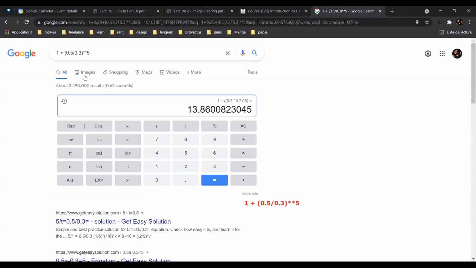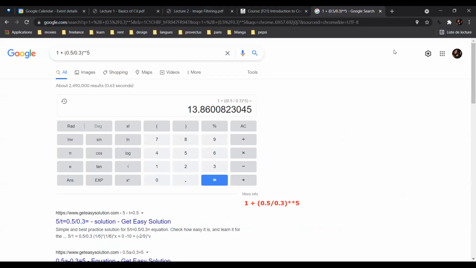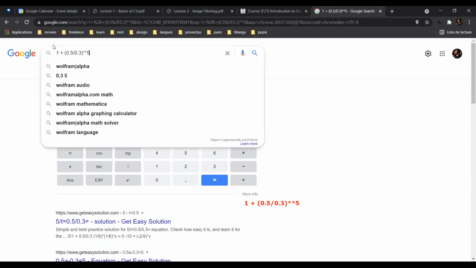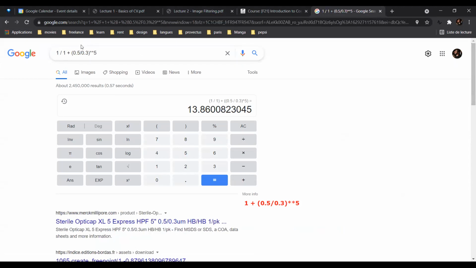Really? Yeah, could be the case. So 0.5 divided by 0.3 to the power of 5, it's higher than 1, so the result becomes very small. Makes sense. 1 divided by this. Oh, sorry.